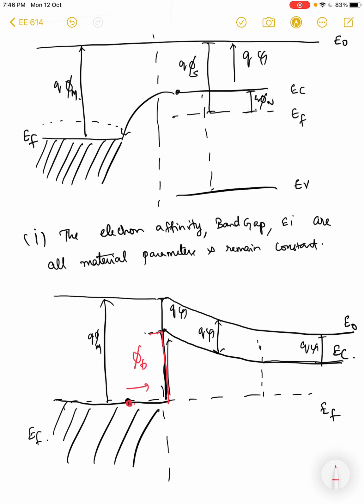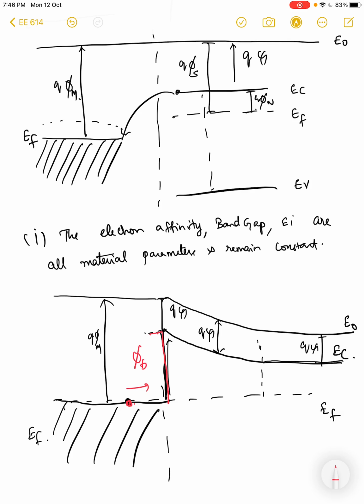So with this, let us go and study what happens to the charge, what happens to the potential and all those things. So there can be a few things which we already see, right? Let us take this to be the depletion width WD, and if we draw the charge distribution, the metal has actually taken electrons, and because the metal density of states is very high, we have seen this before, at the interface we have a very sharp charge density which is negative.